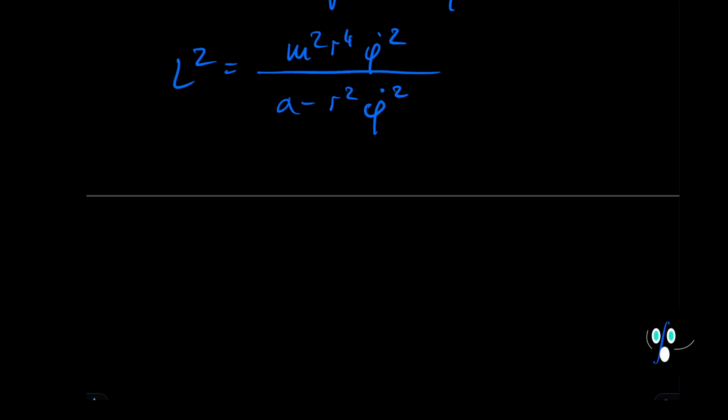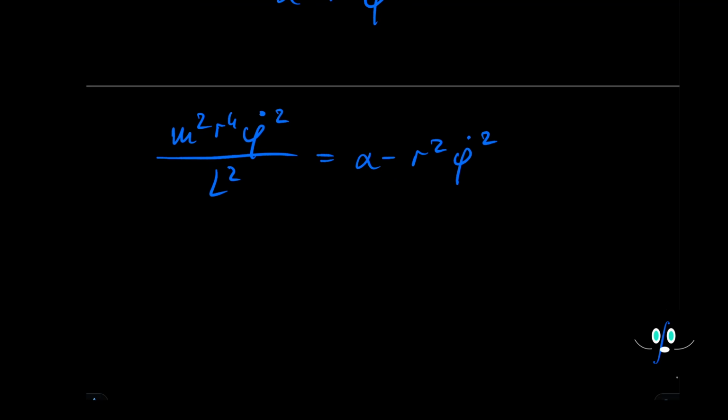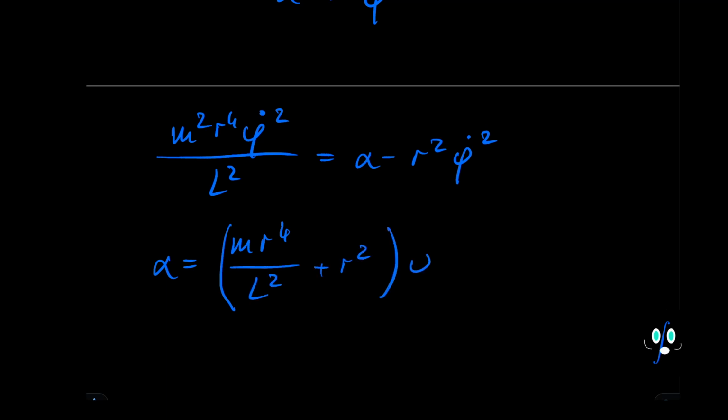Now we can rewrite this equation as m squared r to the power of 4 phi dot squared divided by L squared is equal to alpha minus r squared phi dot squared, and then we have alpha is equal to m r to the power of 4 divided by L squared plus r squared, and the whole thing multiplied by phi dot squared.